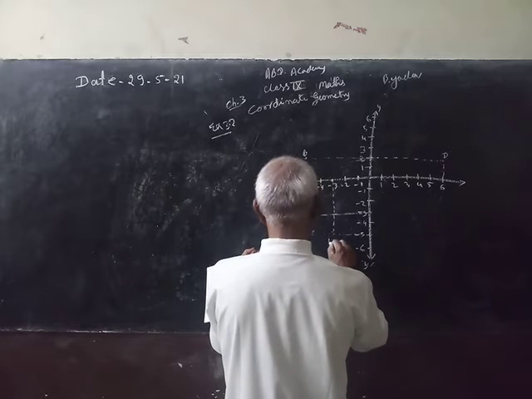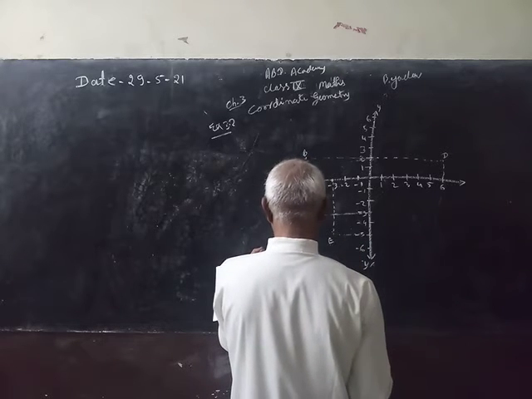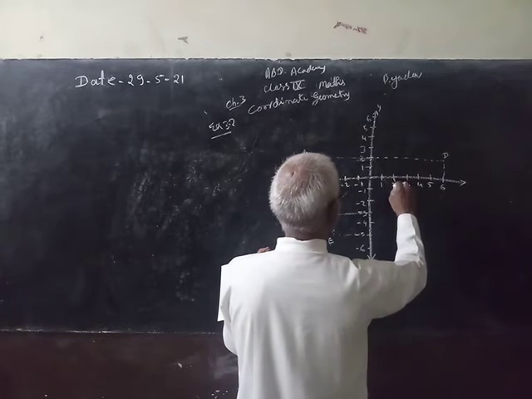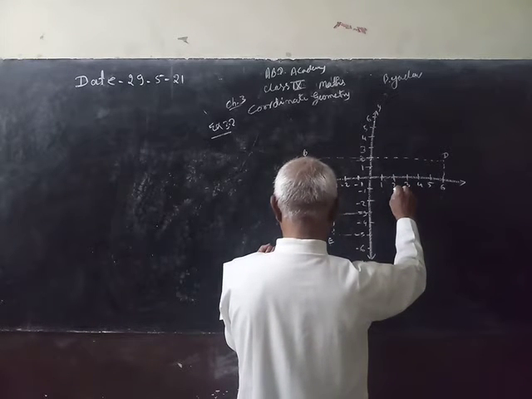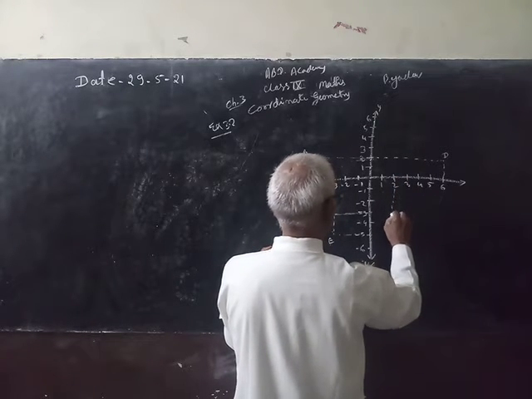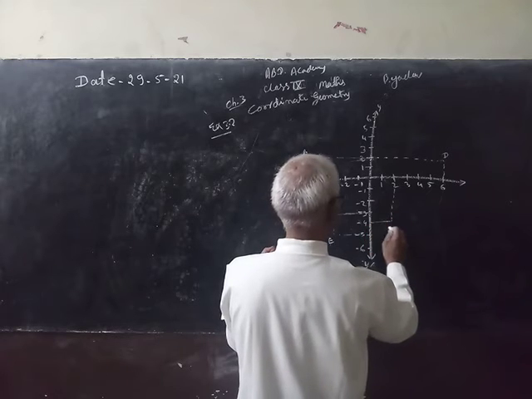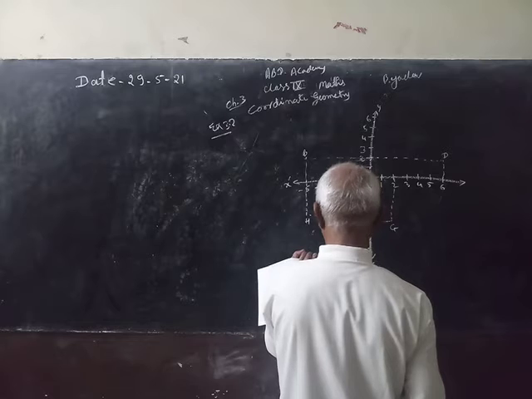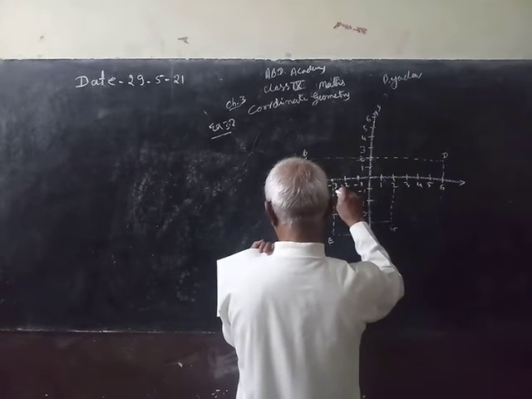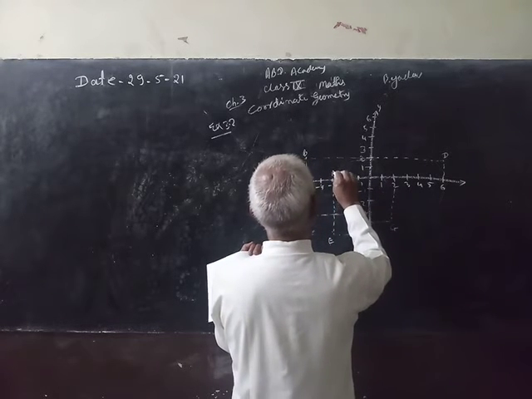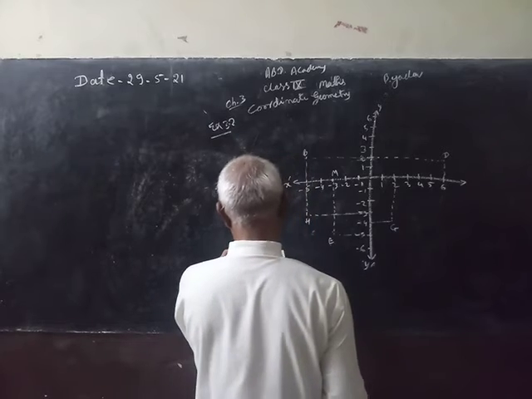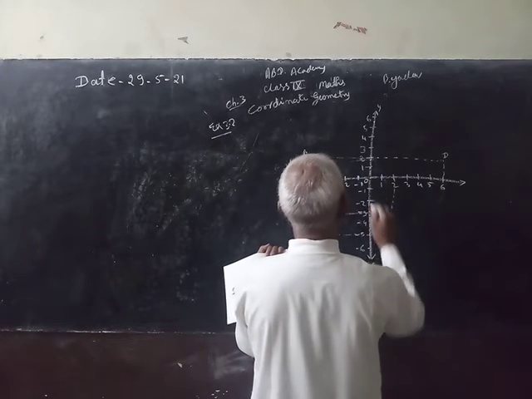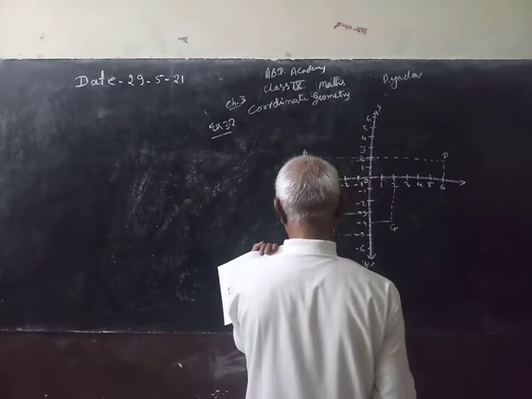It is E. Then below 2 comes to minus 4. Here is G. And at minus 3 M is written. O is written here.